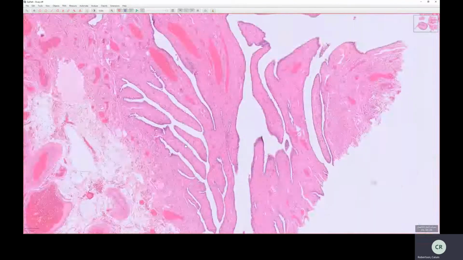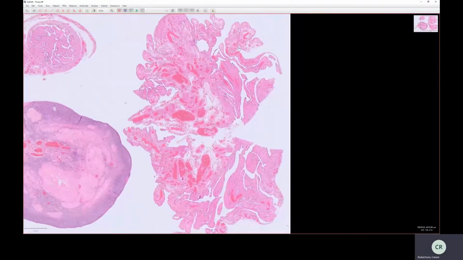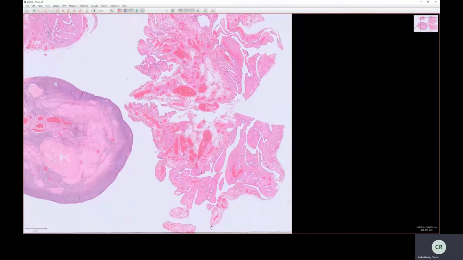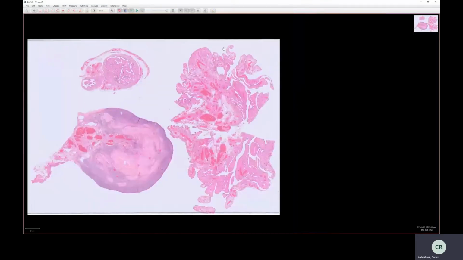As I was saying, the fimbrial end is kind of important. As a routine, we process the entire fimbrial end. It is thought that a lot of epithelial tumors of so-called ovarian origin actually originate from the fimbrial end of the fallopian tube, so we process the entire fimbrial end and have a good look at it.